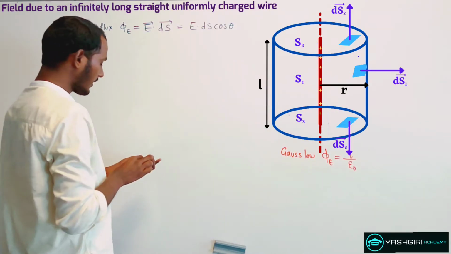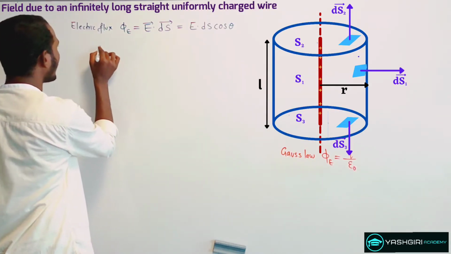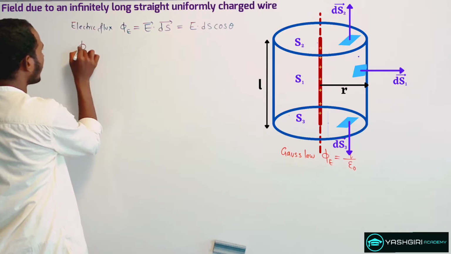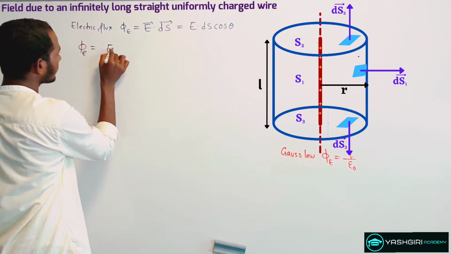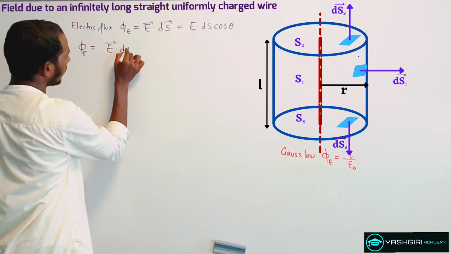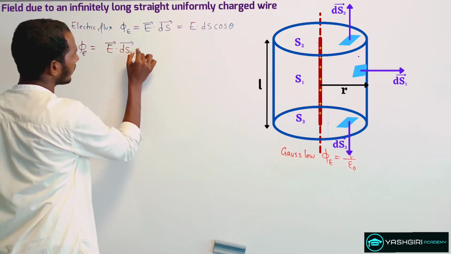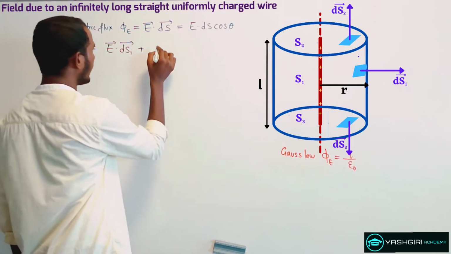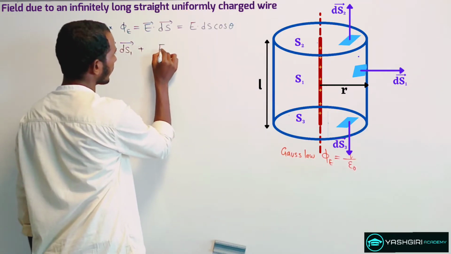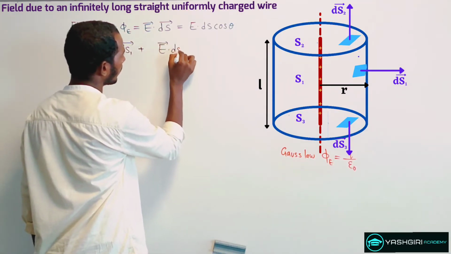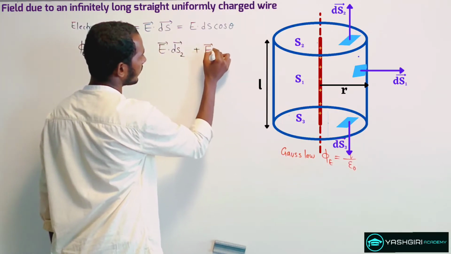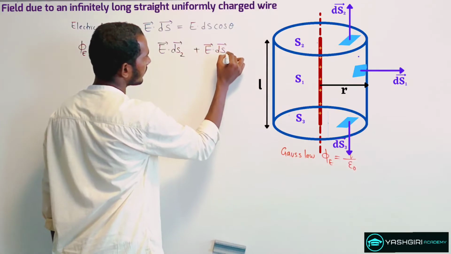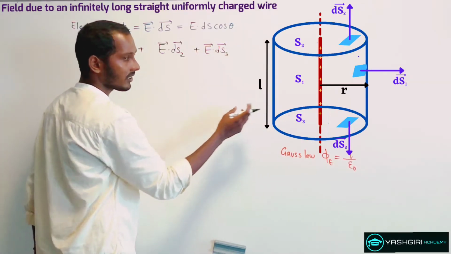Phi of E will be equal to vector E dot vector dS1, plus vector E dot vector dS2, plus vector E dot vector dS3, for all the 3 surfaces.